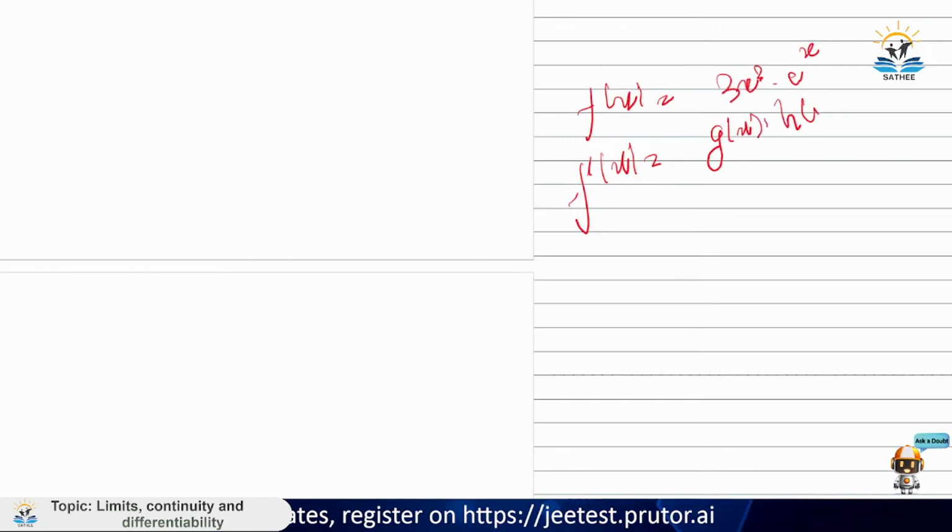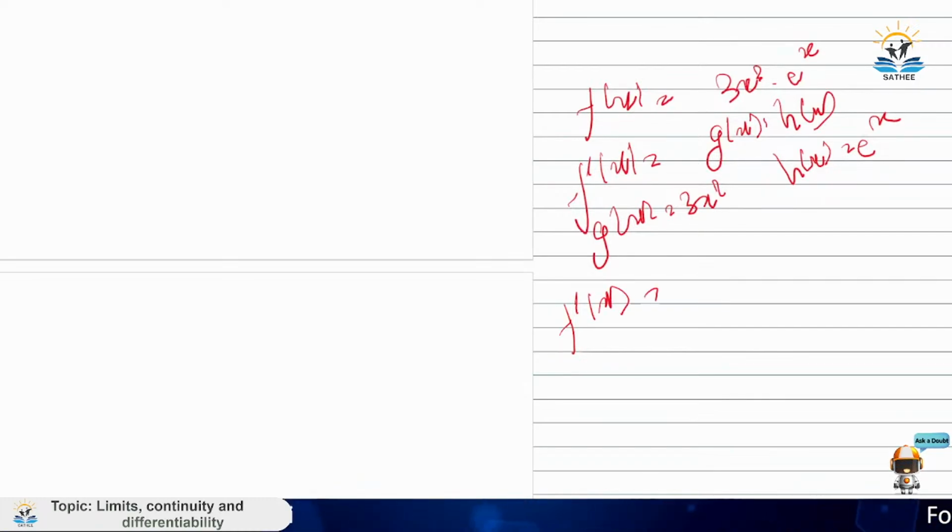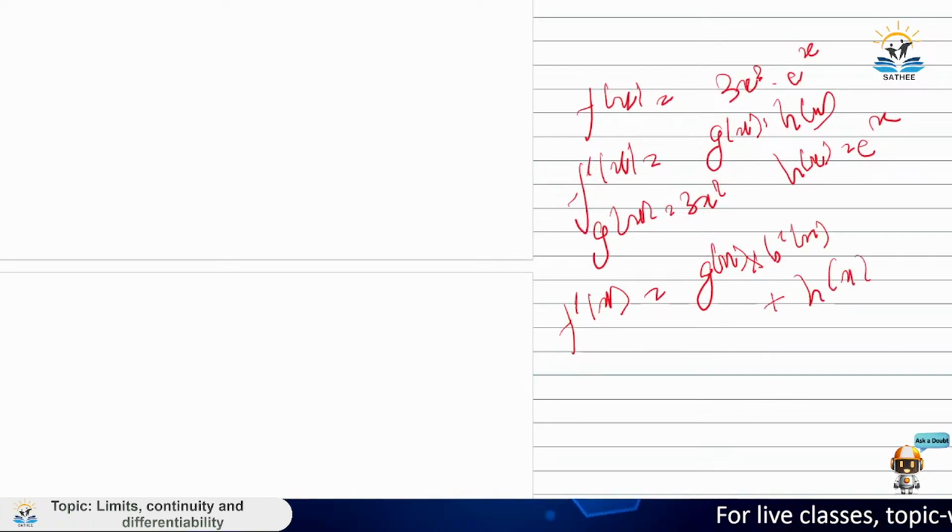Okay. So let's write f of x is equal to g of x into h of x, where g of x is equal to 3x squared and h of x is equal to e to the power x. So f dash of x would be equal to g of x into h dash of x plus h of x into g dash of x.